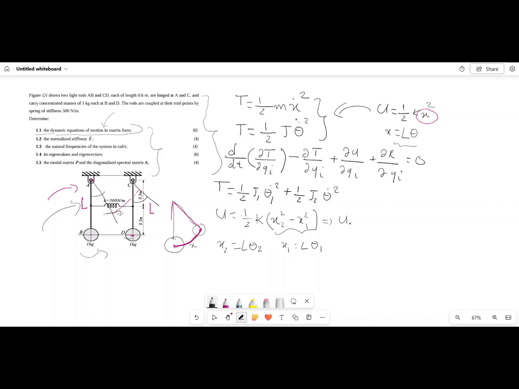So definitely our U will be half k multiplied by L theta 2, let me put it like this to make the difference, everything here squared, minus L theta 1, everything here squared. Let me check my video on the phone, because I think in the last video I did something like this in the second question.